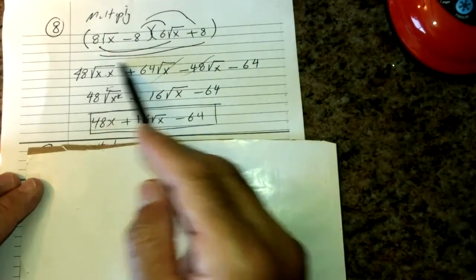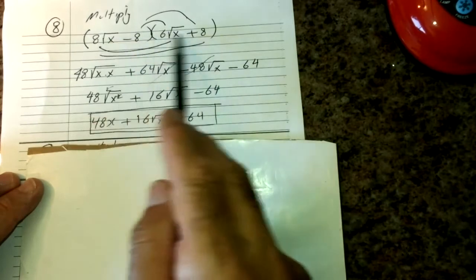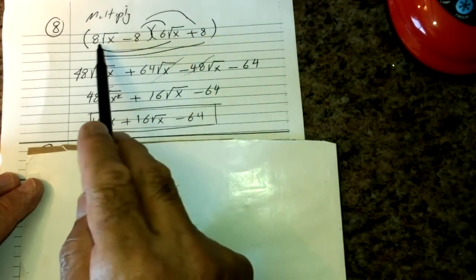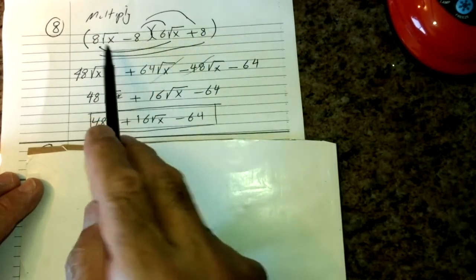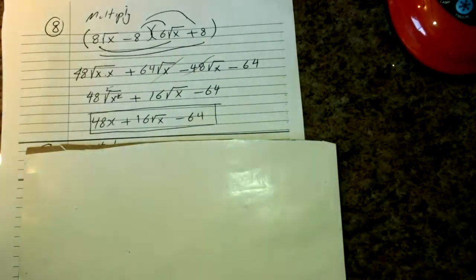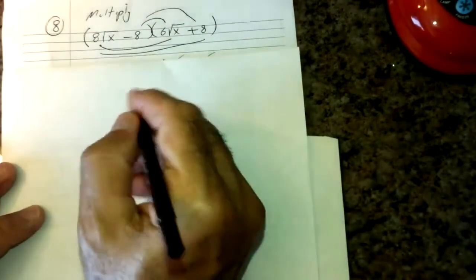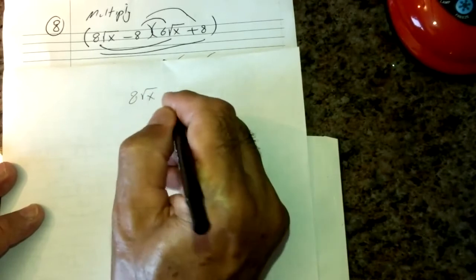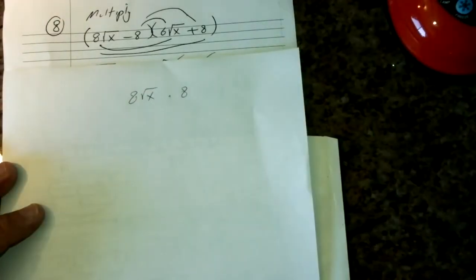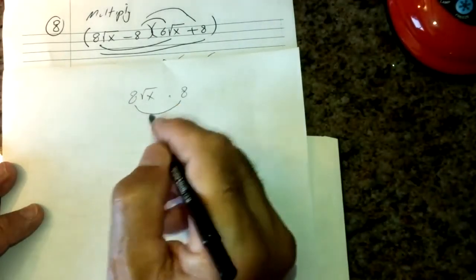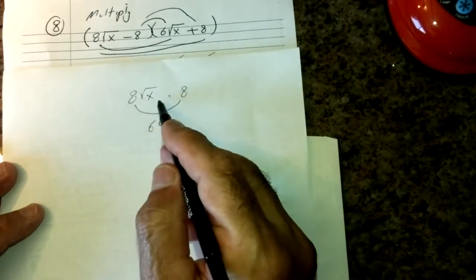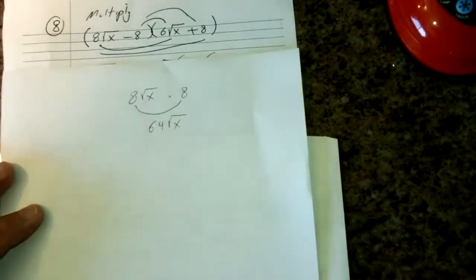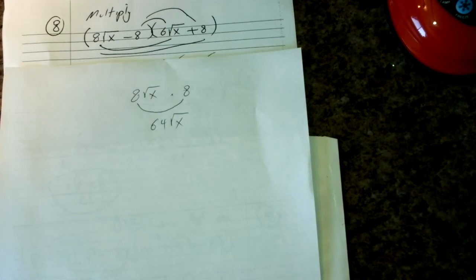Then 8 radical x times 8. Always multiply numbers and variables separately. So if I have 8 radical x and I want to multiply that by 8, you just multiply the numbers, which is 64, and there is only one radical here, so you just write that next to it, okay? Always combine radicals and numbers separately.